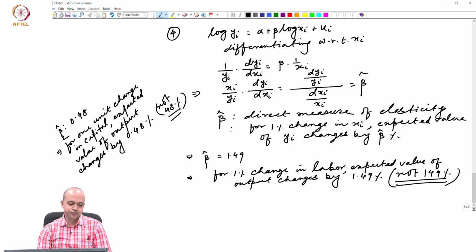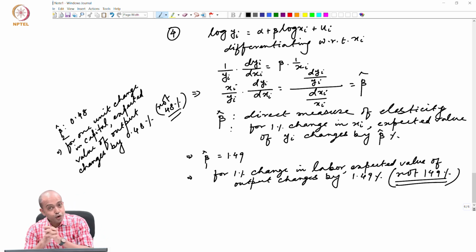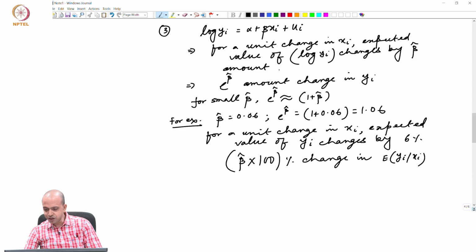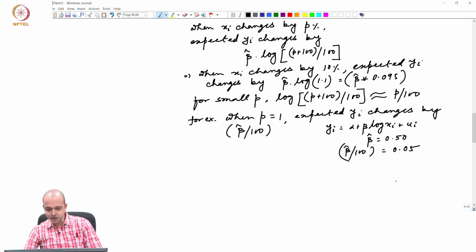So, this is a very important topic, as I said, this logarithmic transformation. First of all, why logarithmic transformation is required, and secondly, if you transform either your dependent or independent or both variables in log, what is going to be the interpretation. You have to clearly keep this in mind. The interpretation is very simple actually, though we have derived many things, at the end of the day it becomes very simple.